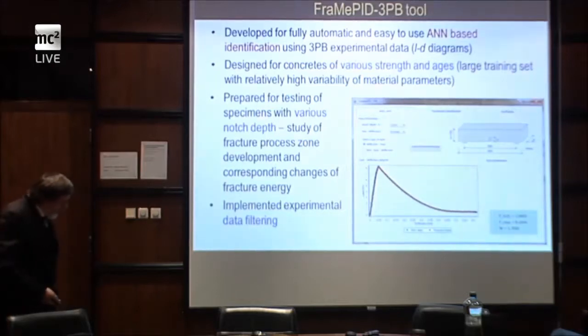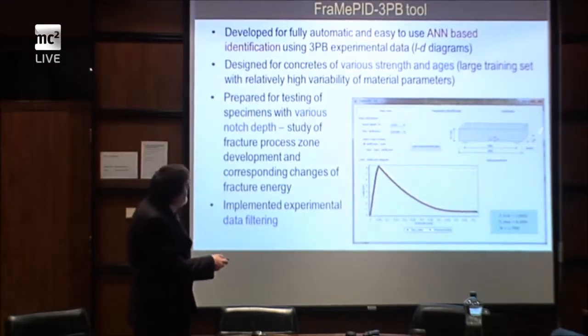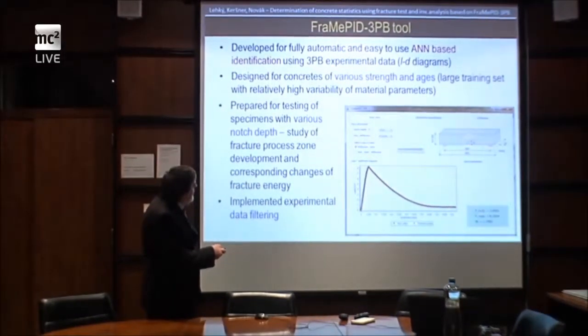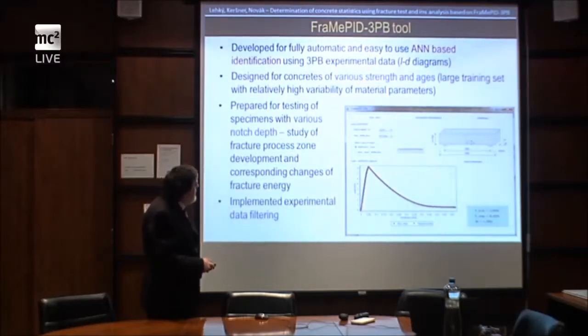to calculate reliability. Because 3-point bending of fracture test, notched specimen, is a standard test for fracture testing. And the group at my institute, of Zbigniew actually, is focused very much on this testing, right?